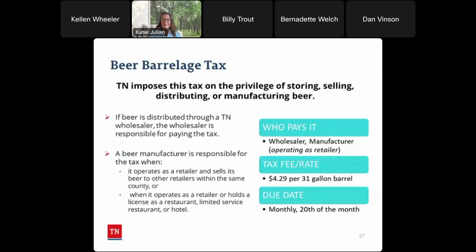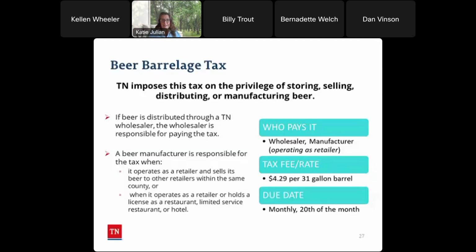All right, another beer tax here. Every person in this state that is manufacturing, storing, selling, importing, or distributing beer or other beverages of not more than 8% alcohol content by weight is subject to the beer barrelage tax. The beer barrelage tax is $4.29 per 31-gallon barrel stored, sold, or imported, or distributed by gift or sale or manufactured in this state.